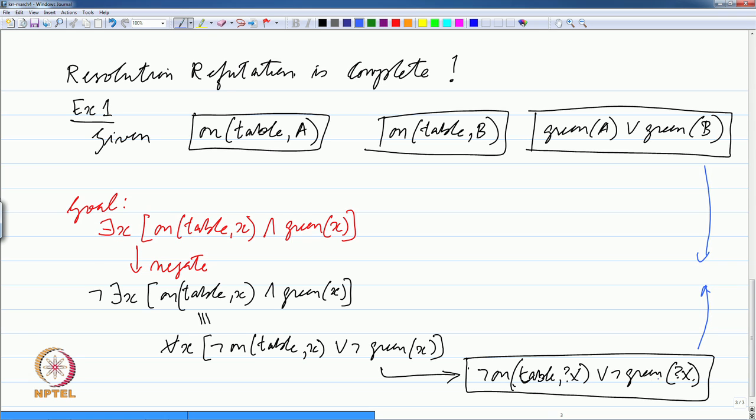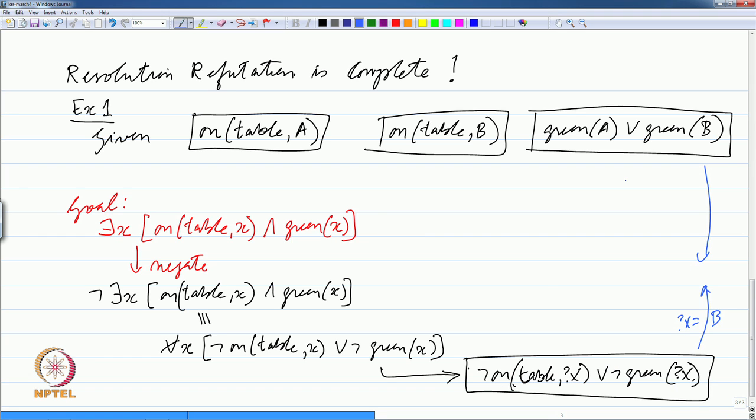You can see that this not green x we can match either with green b or green a, it does not matter. So, let us say x is equal to b, then we will get not green b here and not on table b here essentially.